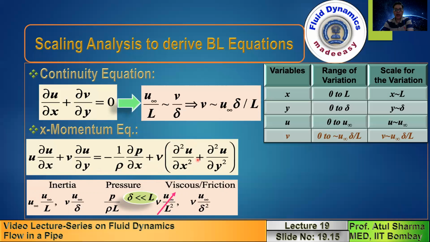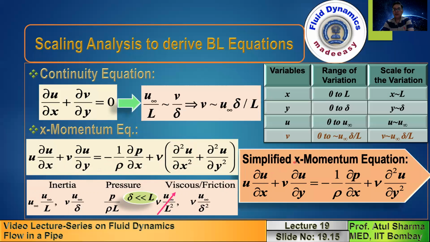So by order of magnitude analysis, we simplify A plus B equals C plus D plus E as A plus B approximately equal to C plus E. This is the simplified x momentum equation, where out of the two double derivatives, we keep one. So on the right hand side, instead of 3 terms, now you have 2 terms.